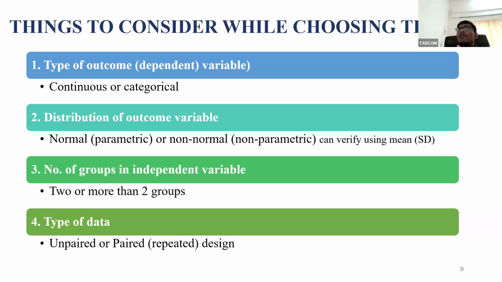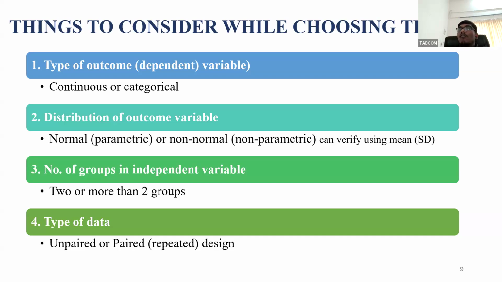In the same population, before giving this antihypertensive drug, we measure the blood pressure. After giving the drug, we measure the blood pressure again. It will be continuous. If we are doing it in such a manner, it is paired. That is the thing we have to consider.